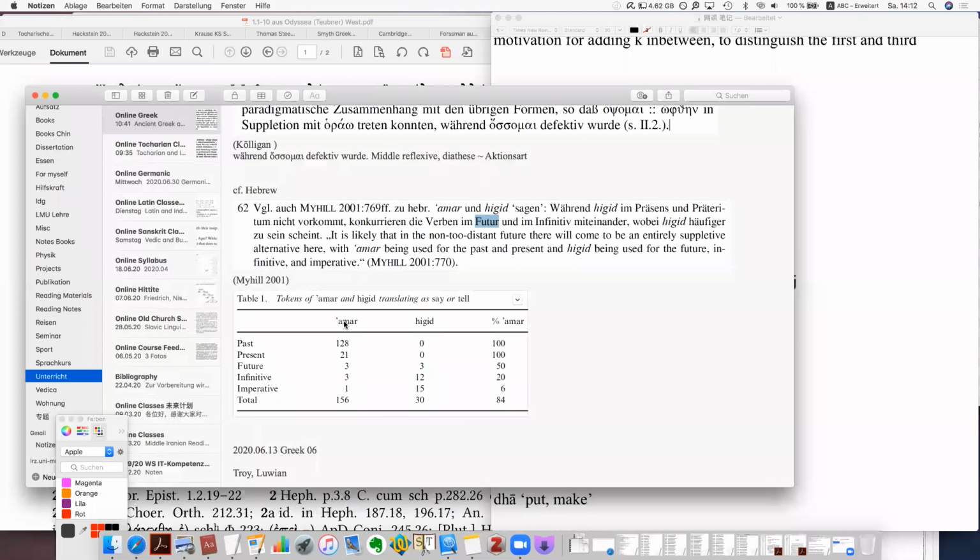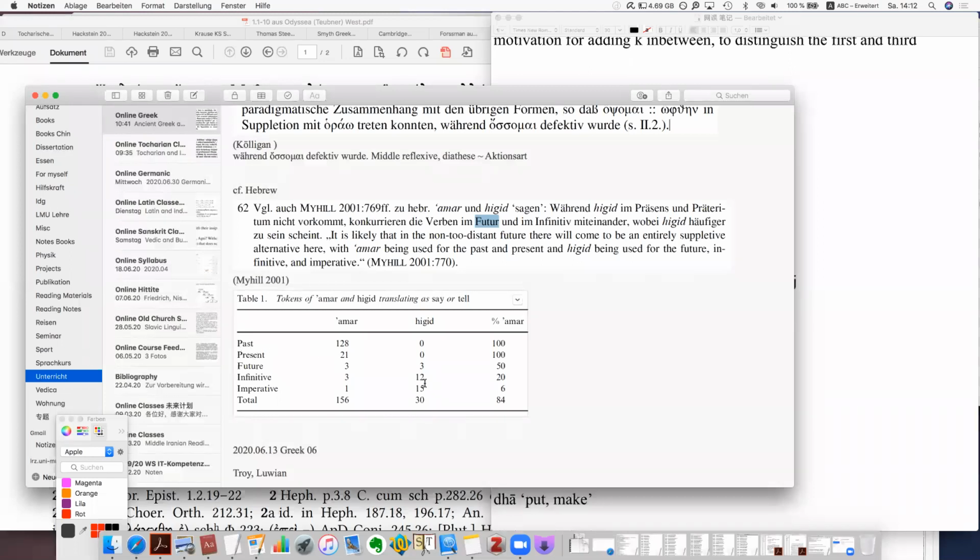For this word, I think it's amar. It's not aspirated, right? Amar, right? And this root or this form is used predominantly in the past.